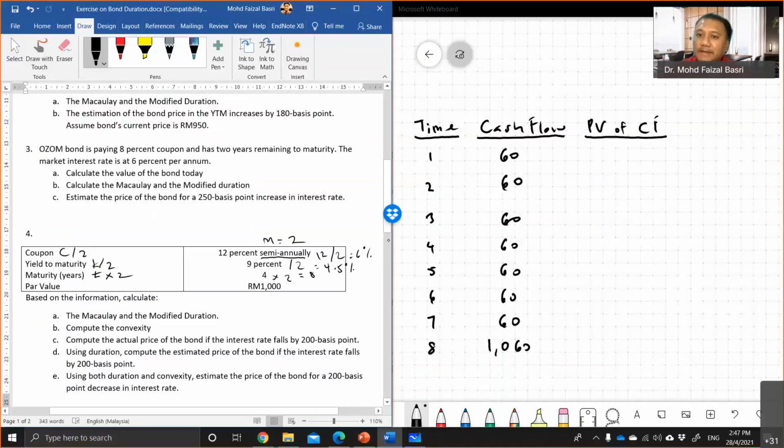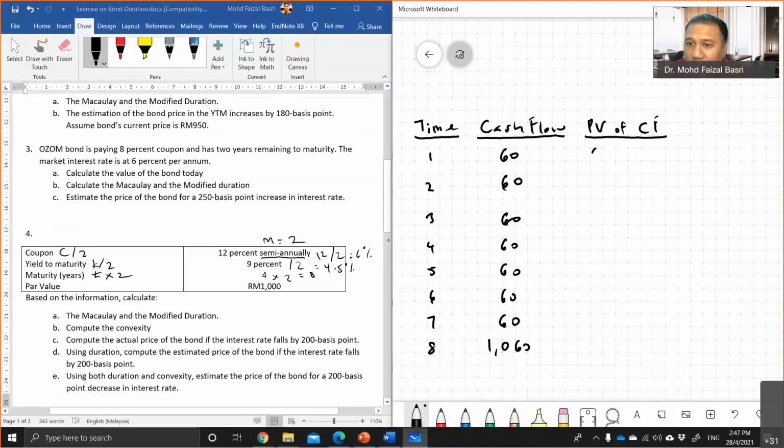By dividing this 60 ringgit, I just write here the whole formula. What we need to do is 60 ringgit, we divide by 1 plus k. Our 1 plus k is 1.045 because the k is 4.5%. To the power of t. Our first time is 1, so to the power of 1, actually we don't have to write anything.